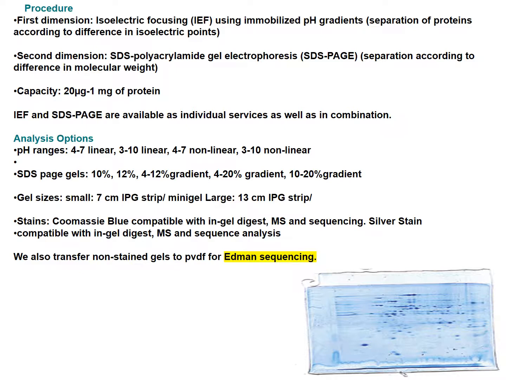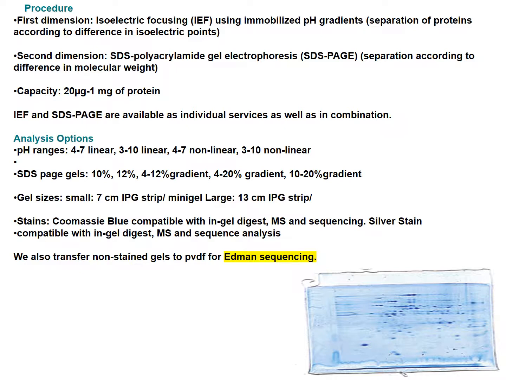So here's the first dimension, second dimension, and the different ranges. You can get a broad range, you can get a little bit narrower range in pHs here. Different size gels to separate out the second dimension a little bit.